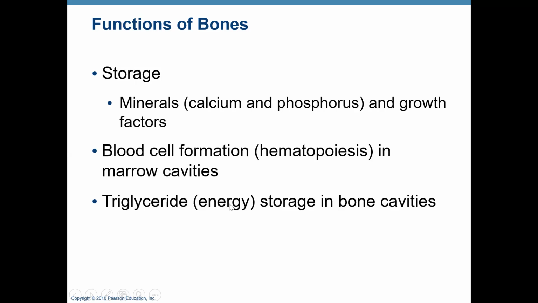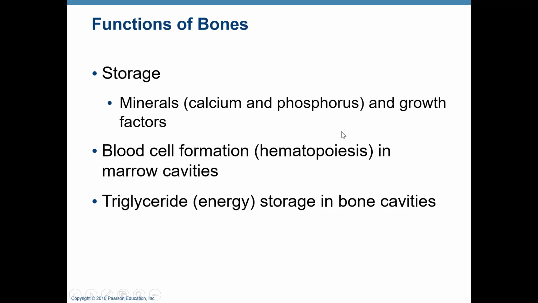In your bone, you can also store minerals like calcium and phosphorus as a reserve, where should the levels in your bloodstream fall below normal, you can pull some out from your skeletal system. And inside the bone, where there's a cavity, there's bone marrow, and that's where you form blood cells: red blood cells, white blood cells, and fragments of stem cells called platelets that are necessary to form a blood clot should you be bleeding.